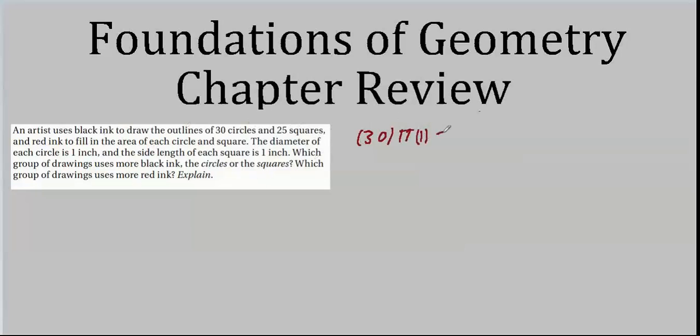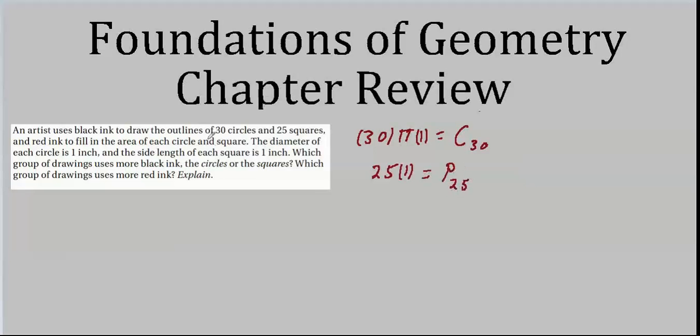That equals the perimeter, the circumference of 30 circles. I'll call that C sub 30. And what about the 25 squares? Well, it's just 1 times 1, which is 1, times 25. The square has a side of 1 inch, so it's 1 times 1, which is 1. And that's the perimeter of the 25 squares, P sub 25.